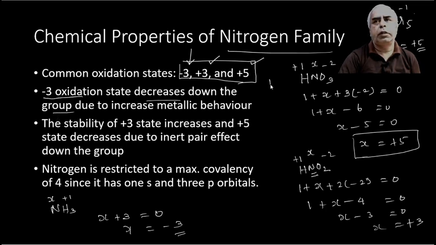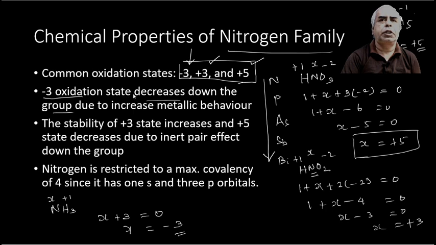So we have nitrogen, phosphorus, arsenic, antimony, then bismuth. Down the group, the -3 oxidation tendency decreases. So you cannot have the -3 oxidation state down the group.